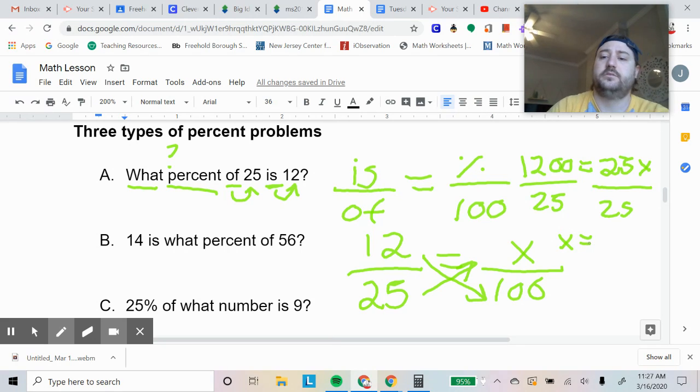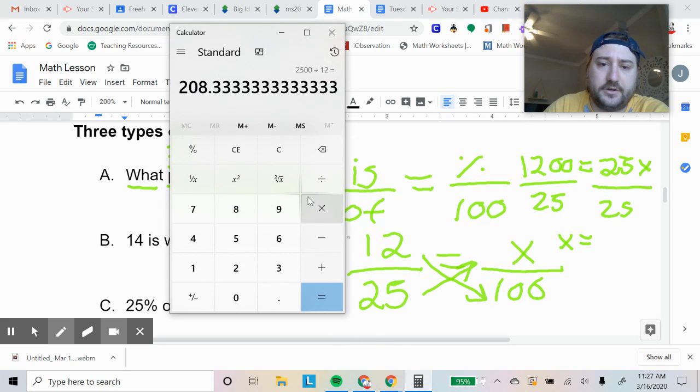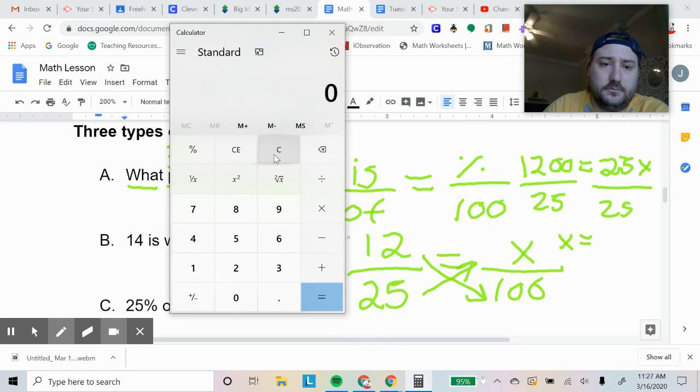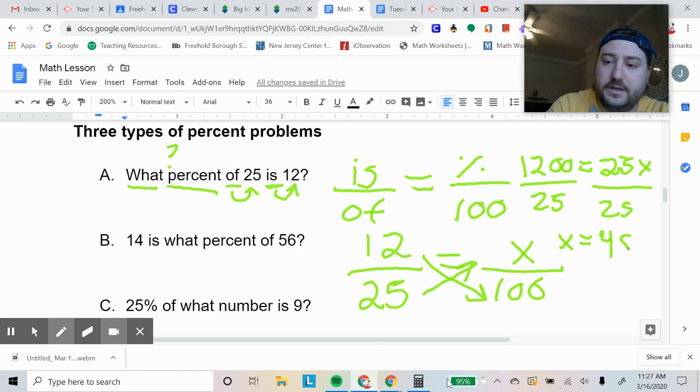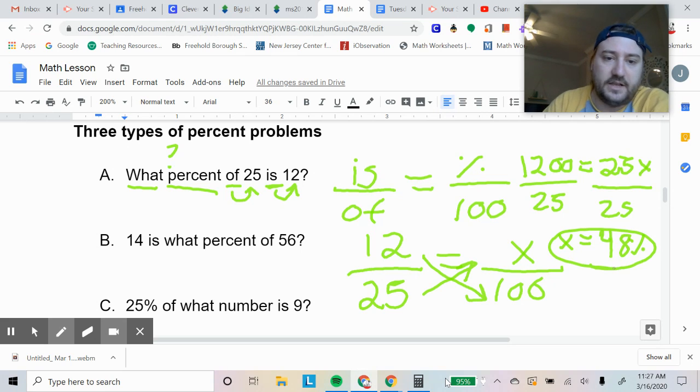X equals, and then we'll take out our calculator. 1200 divided by 25 equals 48. So we get an answer of 48%. All right, so that's the first problem.